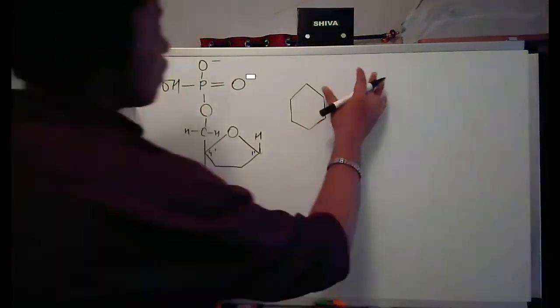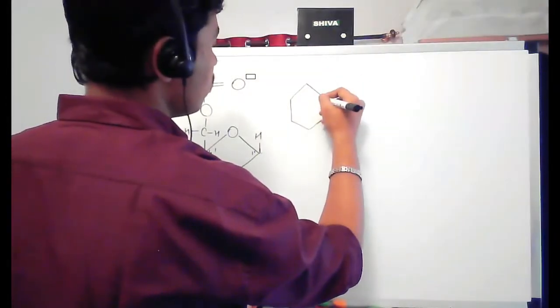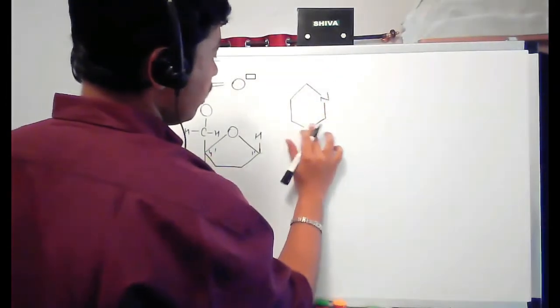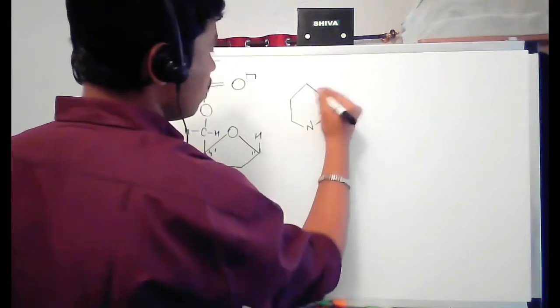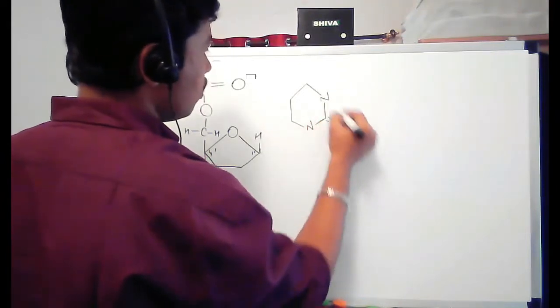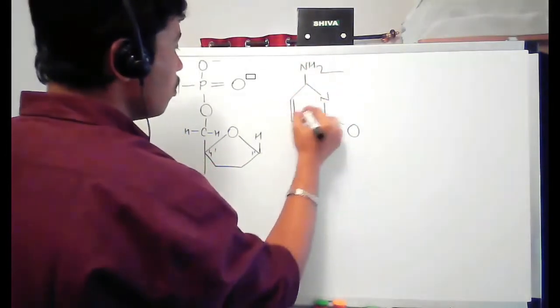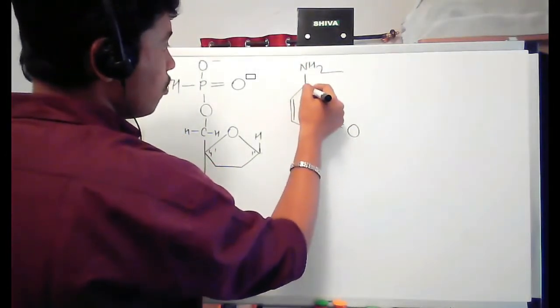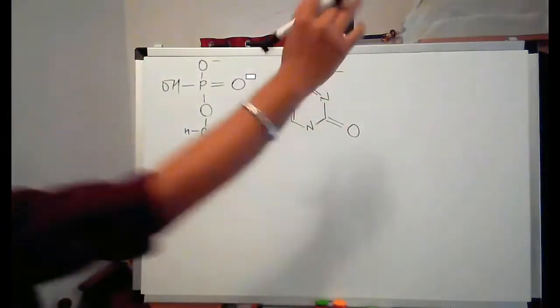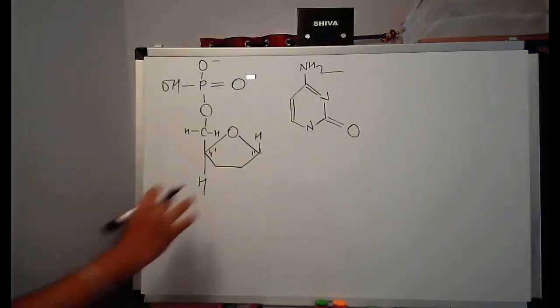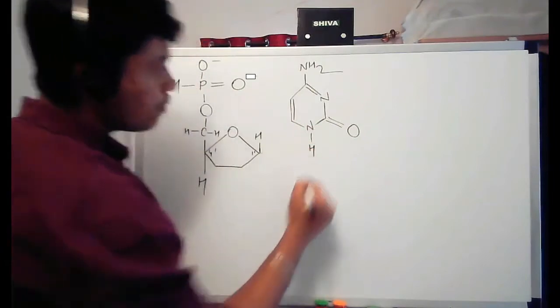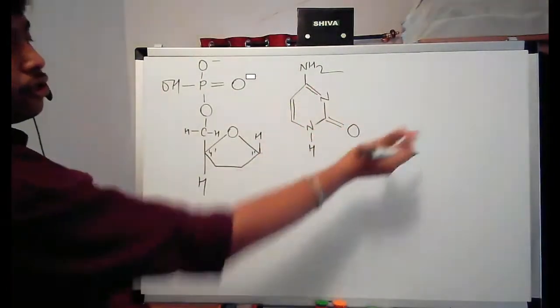There's going to be N over here, N over here. Doubly bonded O and one NH2, one double bond over here, one double bond over here. This is my cytidine. Two arms for N, so there will be one H over here. Three arms for N, so no H required.